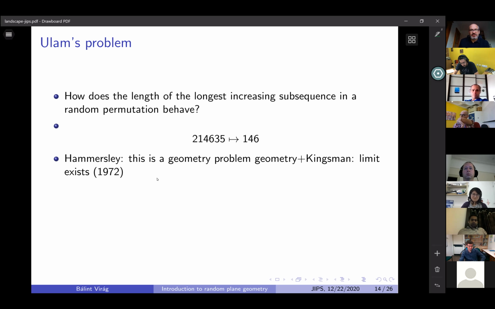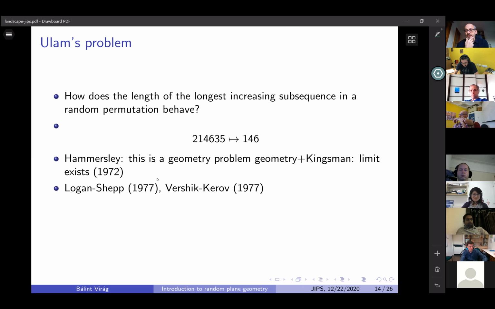An interesting thing is that the whole subadditive ergodic theory was essentially designed to work with problems like this. So that's where it comes from. So the limit would be, which I forgot to write, that the length over the square root of n should converge to a number.